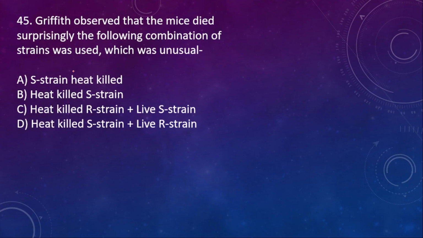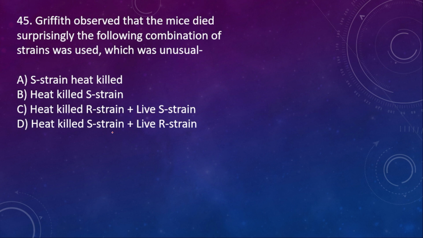Next, 45. Griffith observed that the mice died surprisingly. Which of the following combinations of strains was unusual? He is asking. A, S strain heat killed. B, heat killed S strain. C, heat killed R strain plus live S strain.